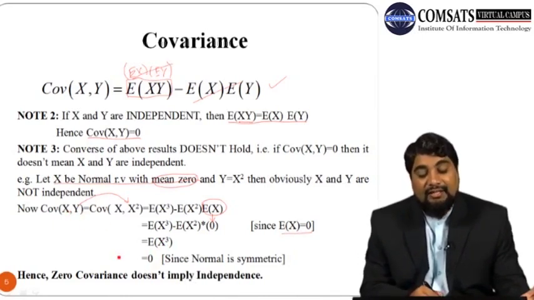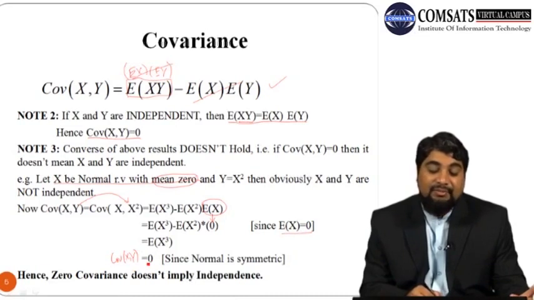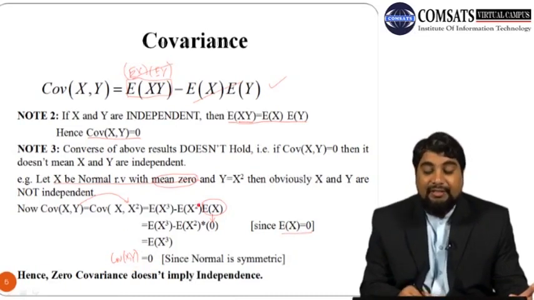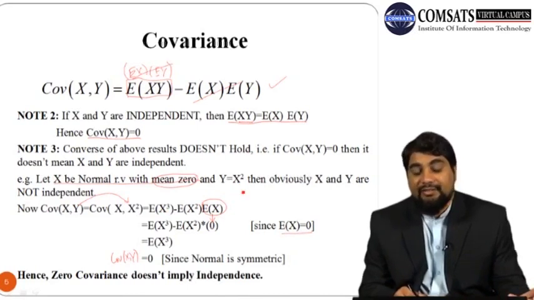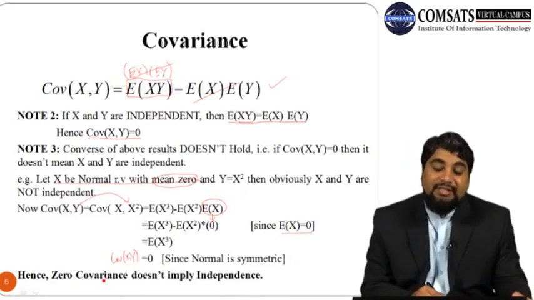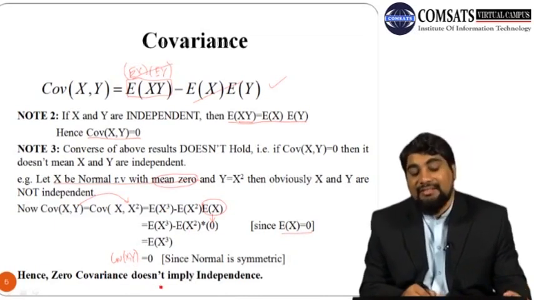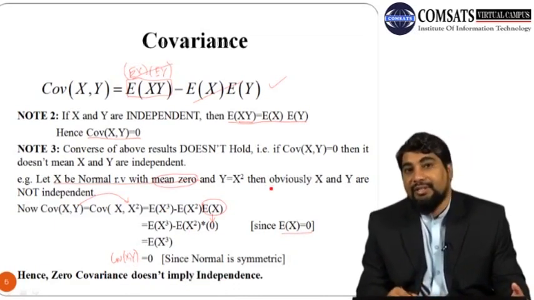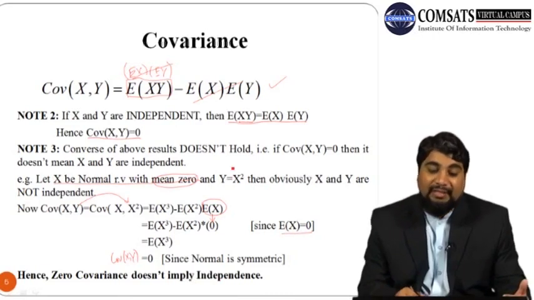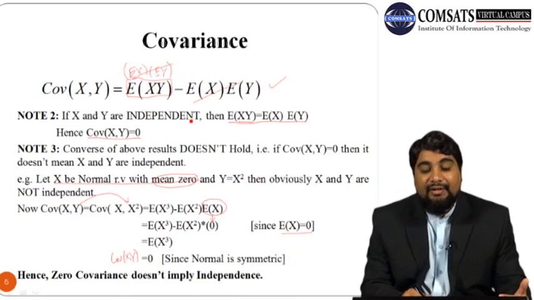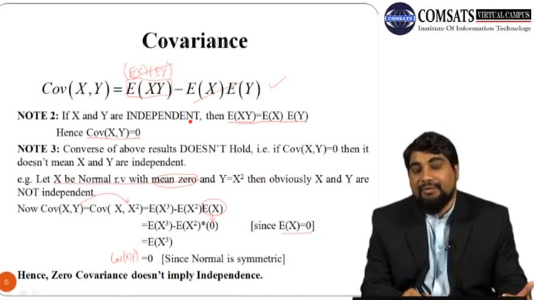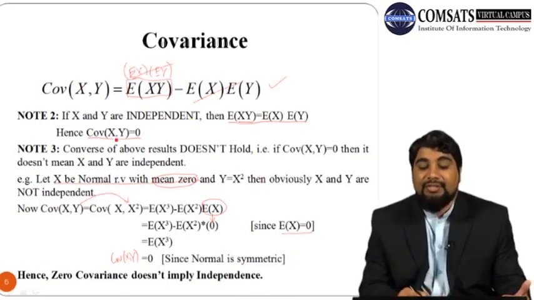So in this case, note that the covariance between random variables x and y is calculated to be 0, but the two random variables x and y are not independent. So this example explains that 0 covariance does not imply independence. But if two random variables x and y are independent, then their covariance will be 0.